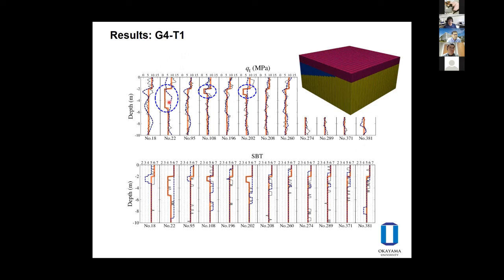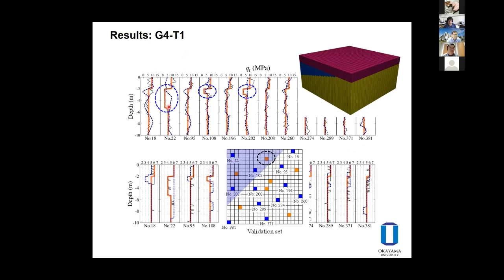It's very difficult because in the G4 T1 benchmark, we use only 3 CPT profiles, and only one profile has the information of the discontinuous layer. So using the T1 dataset, it's quite difficult to estimate the discontinuous layer.